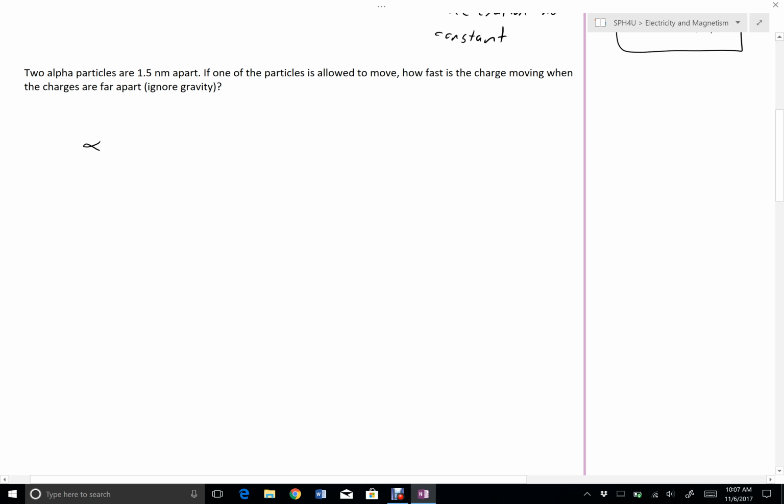So recall an alpha particle is basically a helium particle with no electrons, or a charge of 2 plus. And so the charge on the alpha particle is going to be 2 times the elementary charge of 1.6 times 10 to the negative 19 coulombs, or 3.2 times 10 to the negative 19 coulombs. And that goes for both alpha particles.